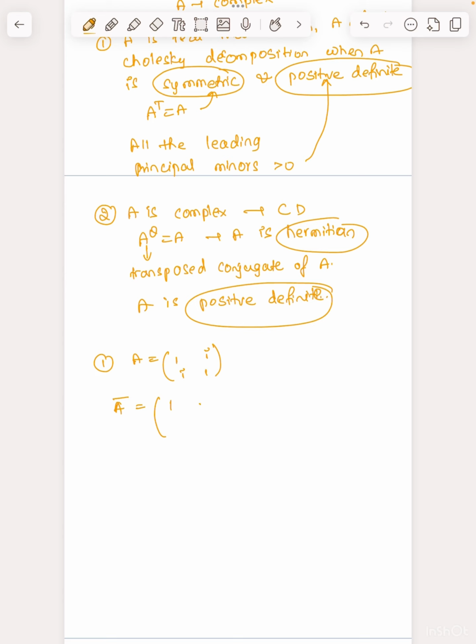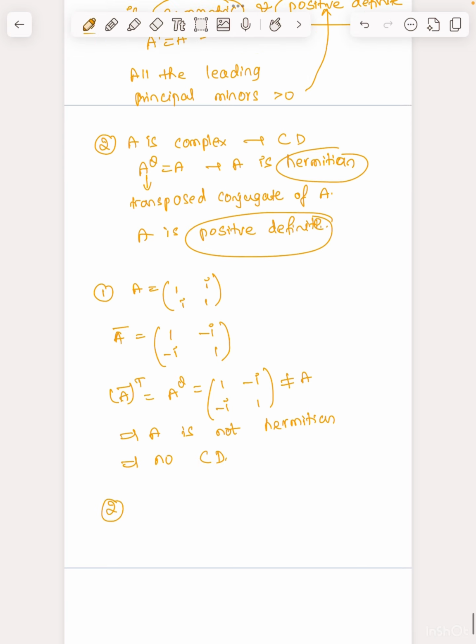Conjugate of 1 is 1, conjugate of i is minus i, conjugate of i is minus i, and conjugate of 1 is 1. So the conjugate transpose, A theta, is equal to 1, minus i, minus i, 1. This is not equal to A. Therefore A is not Hermitian. Not Hermitian means no Cholesky decomposition.